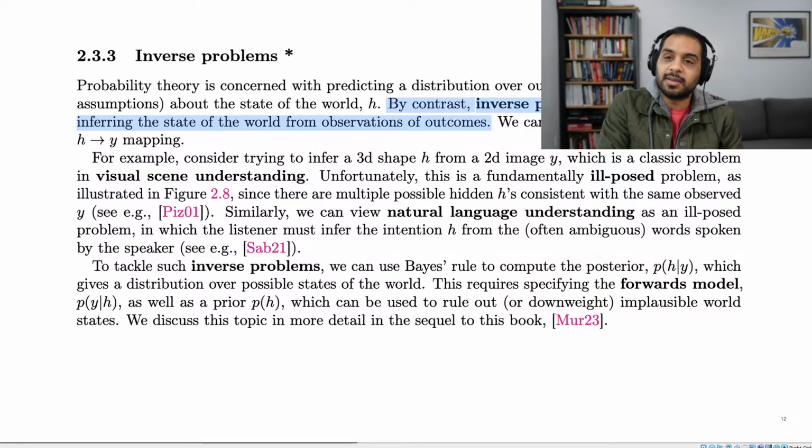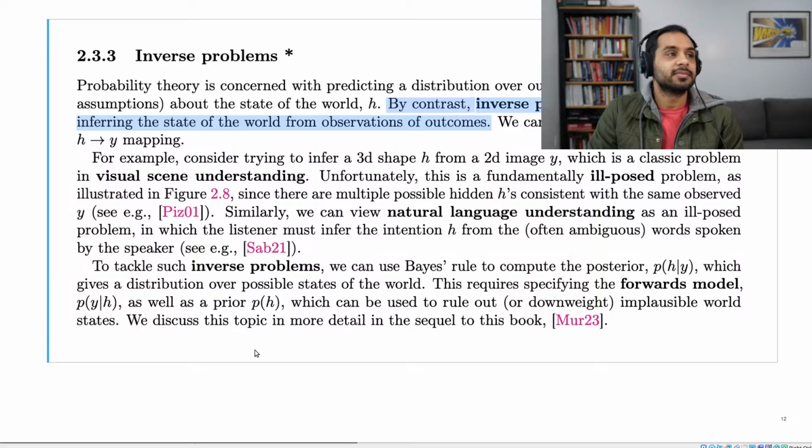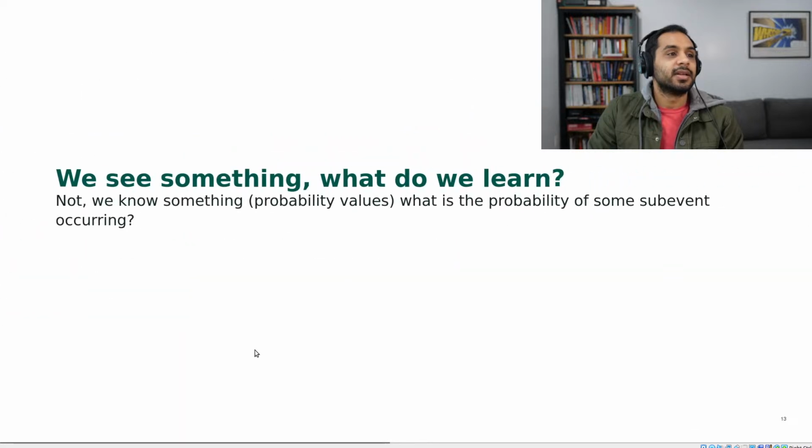So we're not using the probability theory version of Bayes' theorem, but we are going to use the inverse probability thinking of Bayes' theorem. So we see something, what do we learn? It's not that we know some probability values and ask what is the probability of some sub-event occurring.